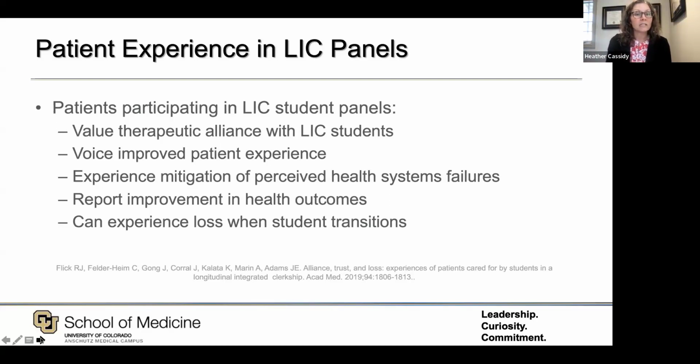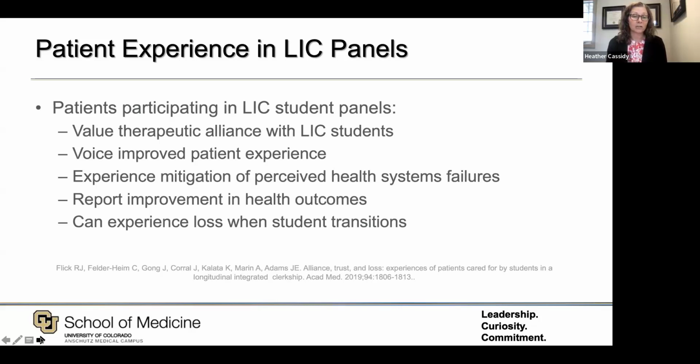And what came out of that is that the patients who participated in these 3 or more longitudinal patient experiences valued the therapeutic alliance that they had developed with their LIC students. And they voiced an improved sense of patient experience, and that they felt like being a part of the relationship with the medical student really helped mitigate some of the other negative experiences that they had had in the healthcare system.